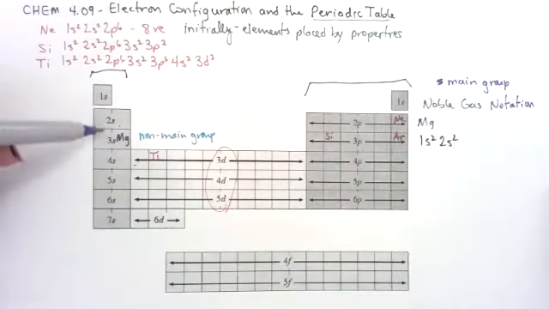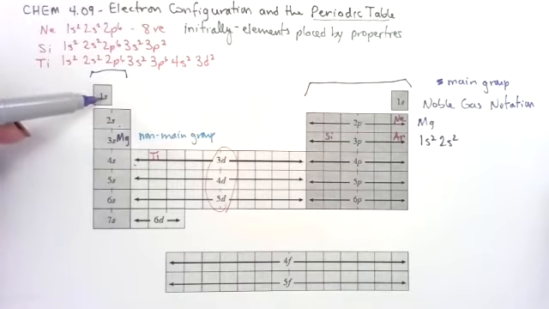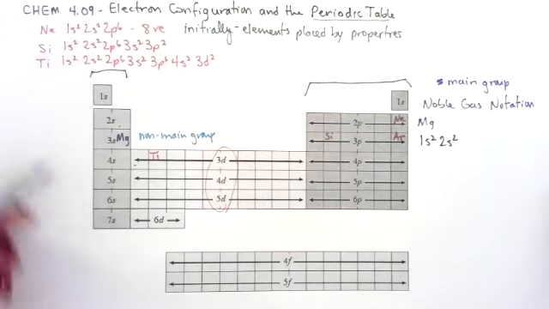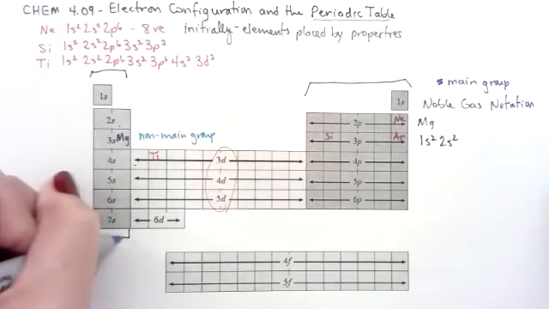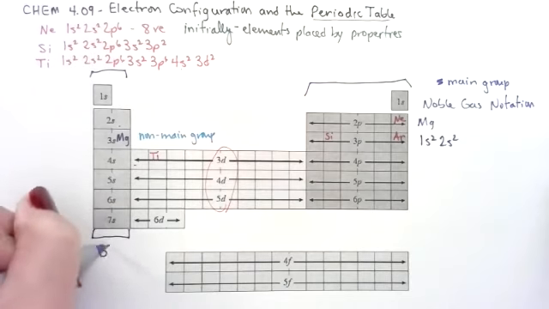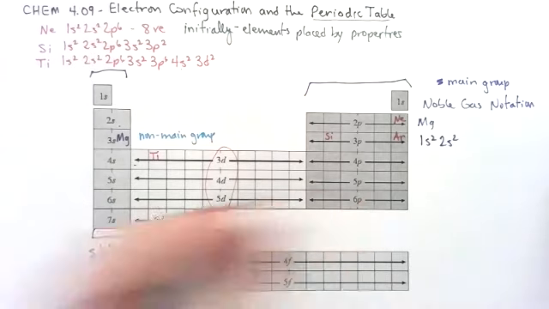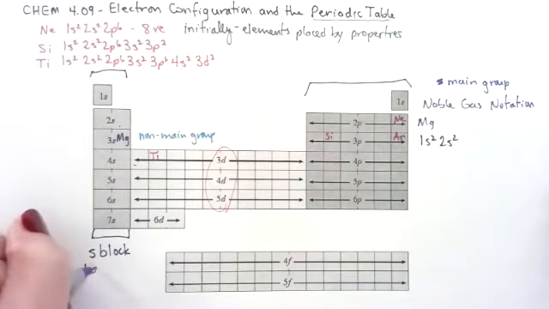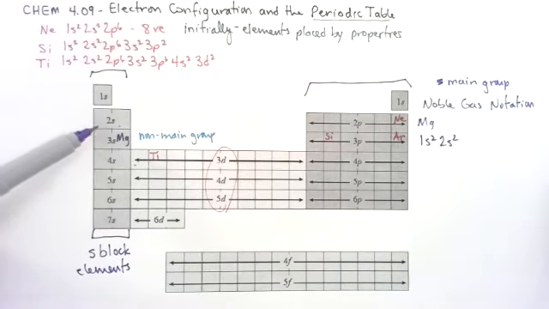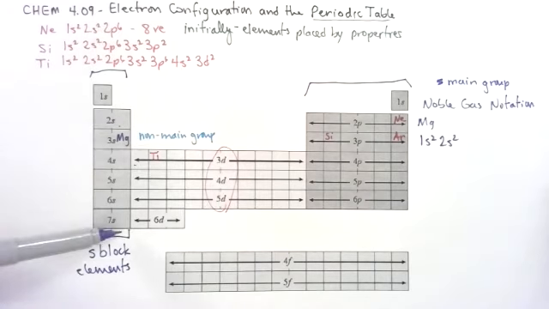You'll notice this has 1s, 2s, 3s, so this becomes known as the s block elements. Any element in this group is going to have an s1 ending. Any element in this column is going to have an s2 ending.